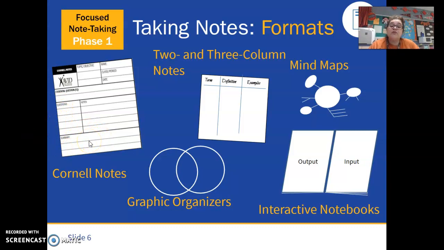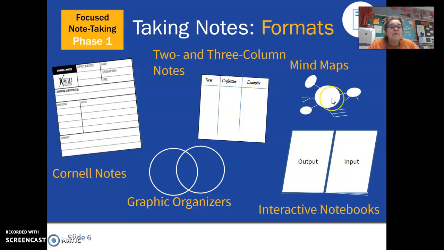If you remember our video from last week, the two gentlemen talked about formats of notes. Then there's the 2 and 3 columns. So notice here, term, definition, example. So this is a 3 column where I write the word, the definition of the word, example. Sometimes could be good for science terminology.